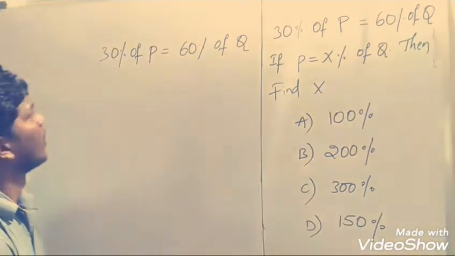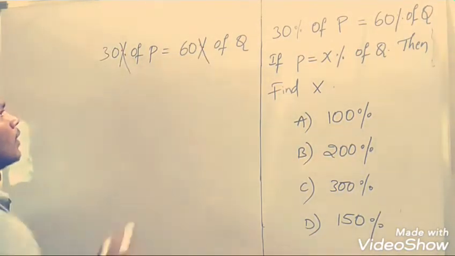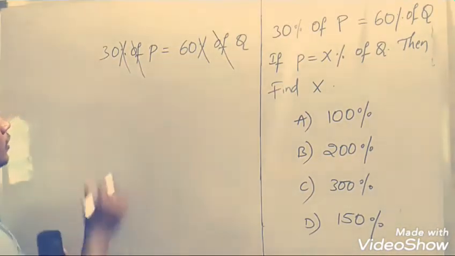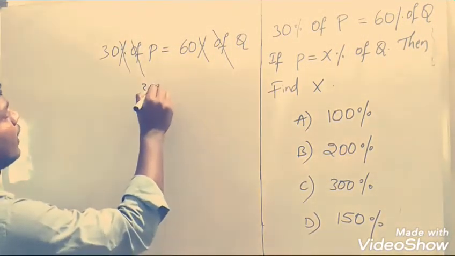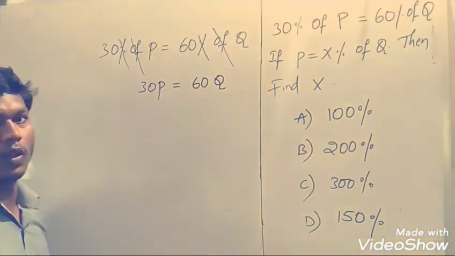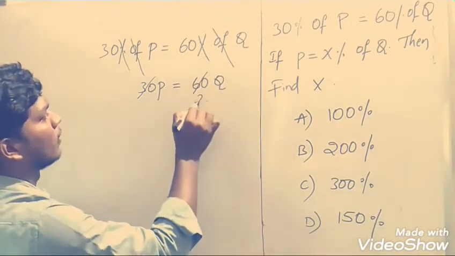See friends, just cut percentage and percentage, and here we have of and here we have of. So finally we have 30P is equals to 60Q. Okay friends, so 30 ones are 30 and 30 twos are 60.